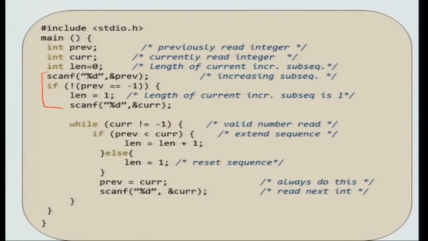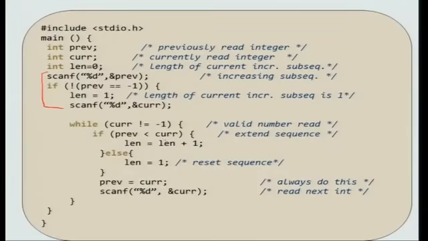while the currently read number is not -1, what you do is exactly the logic that we were discussing before. If the previous number is less than the current number, then you extend the length by 1. Okay, so len equal to length plus 1 says that I am continuing the current increasing subsequence by increasing its length.